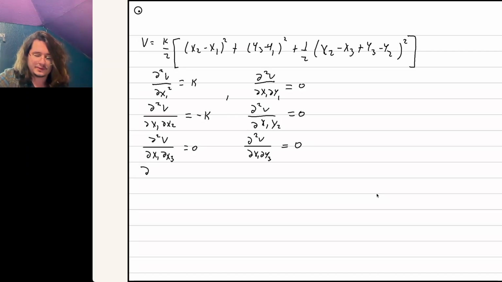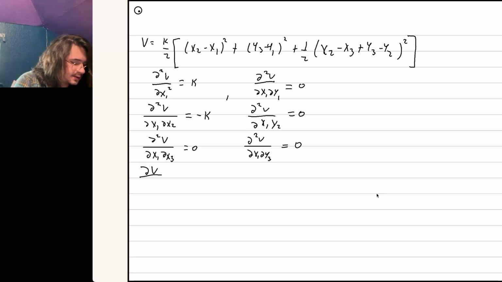I think that has to do with the fact that all the spring constants are the same, or all the masses are the same, or it's just an intrinsic property of the matrix. I'm not sure. But in this case, it's definitely symmetric. So I'm going to skip a few partial derivatives to save time.